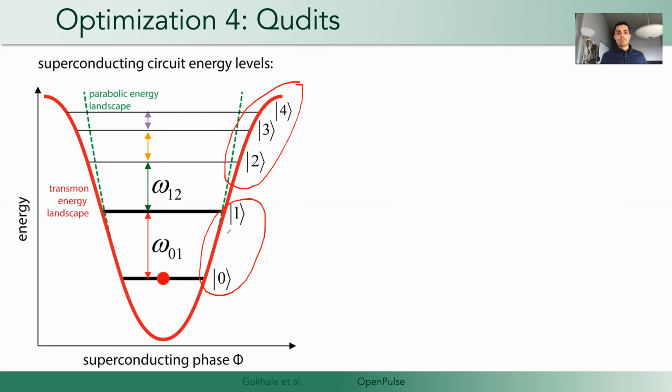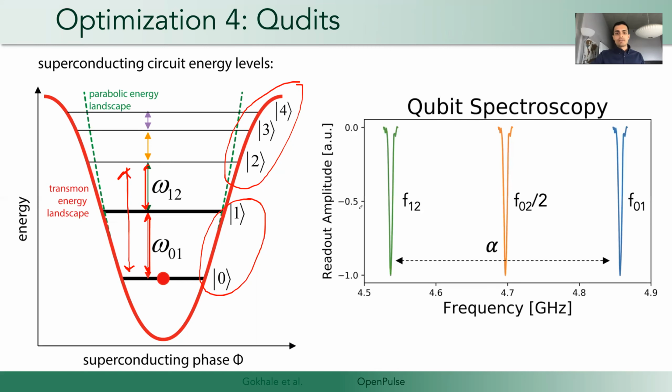But of course, the beauty of OpenPulse is that we can introduce augmented basis gates that address the transitions not only at the frequency of the 0-1 gap, which is the 0-1 qubit frequency, but also at the 1-2 frequency, which is for the qutrit state, and also the 0-2 frequency, which is the other transition in a qutrit. And so we performed spectroscopy to exactly find what are the frequencies of these three gaps.